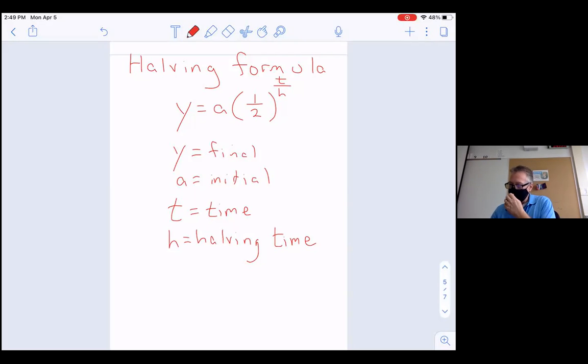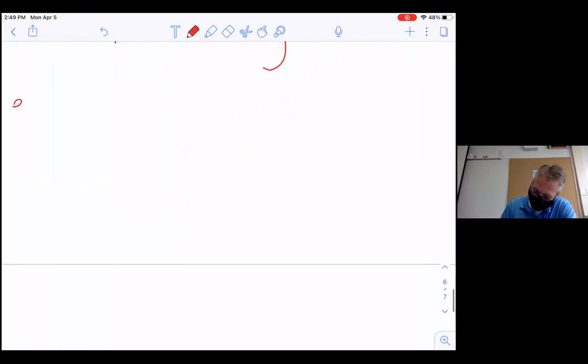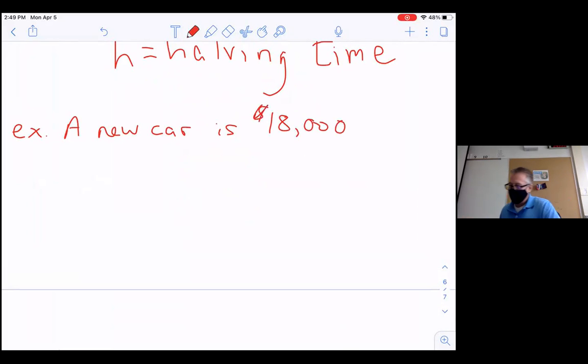So here would be an example of when we might use this. Let's say you buy a new car for $18,000, which might be about right. And it depreciates.